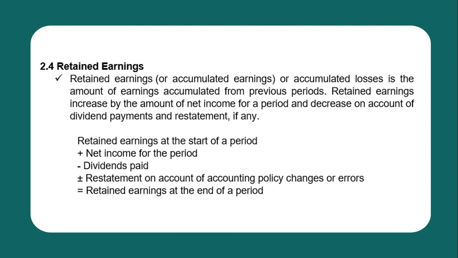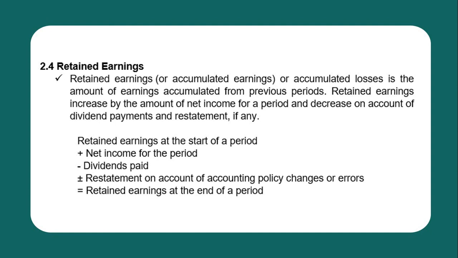So, all of the income earned and losses incurred by the corporation shall be accumulated from the first year of operation until the current year into the retained earnings. So retained earnings increase by the amount of net income for a period and decrease on account of dividends paid and restatement, if any.